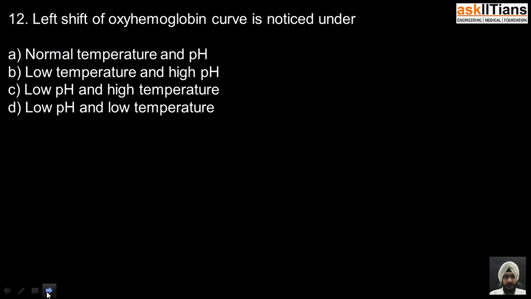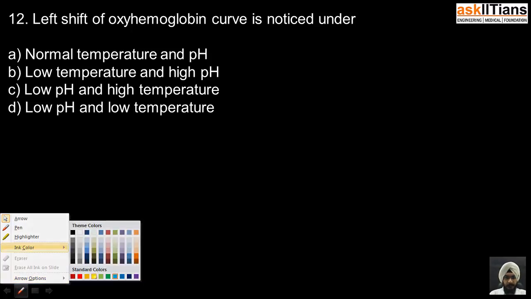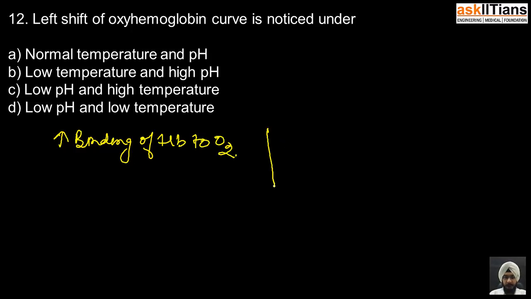The next question says that left shift of the oxyhemoglobin curve is noticed under. A left shift of the oxyhemoglobin curve basically suggests that there is increased binding of hemoglobin to oxygen. So this is actually the curve.